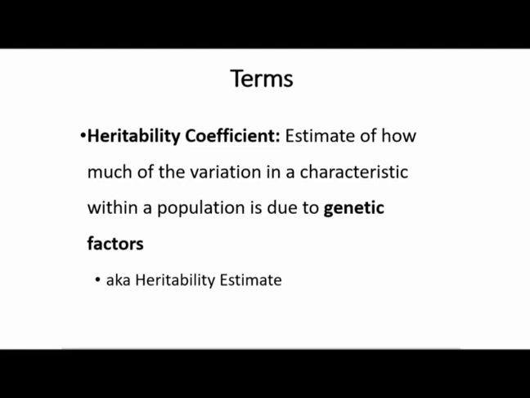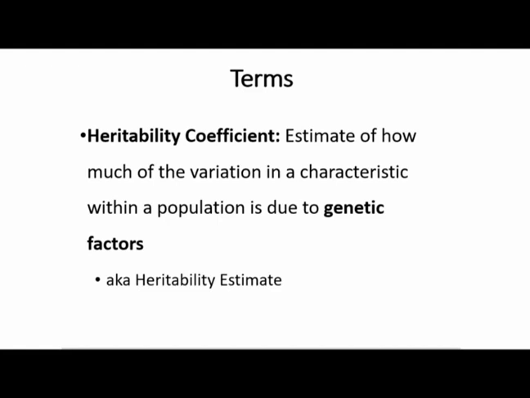In the literature, you might see this heritability coefficient called something like a heritability estimate or something like that. All are the same basic idea. They're just giving us that estimate of how much of the variation in a particular characteristic or trait within a population is being caused by genetic factors.